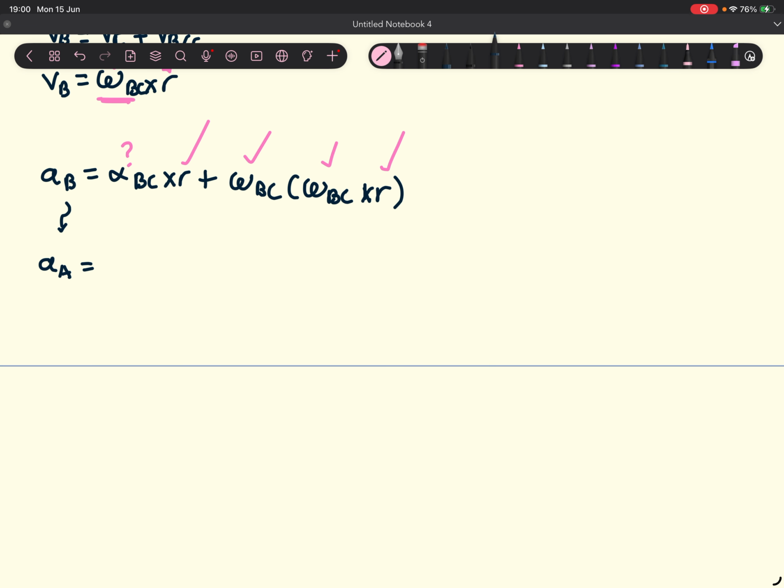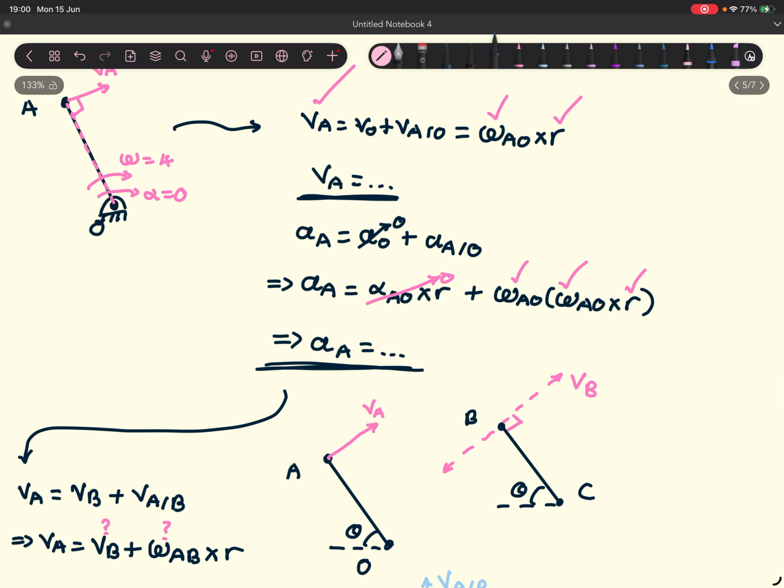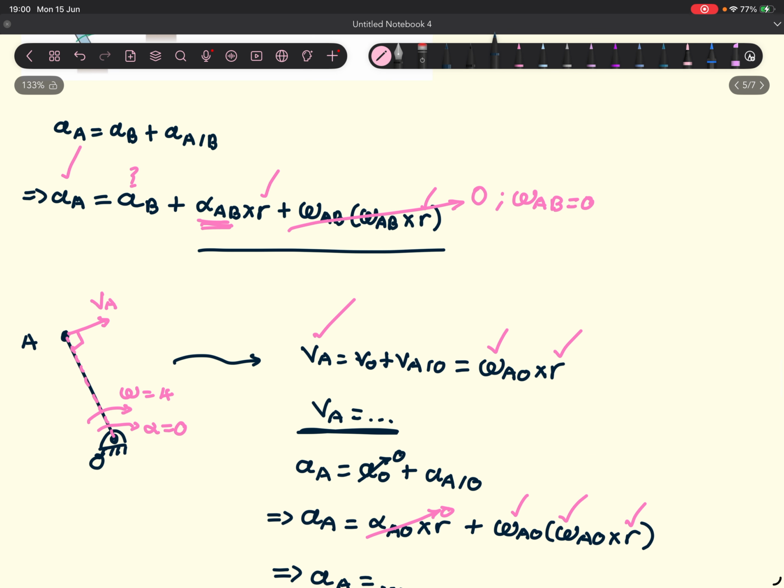which is equal to the acceleration of B, but we're just going to substitute all of this for that. So I'm going to get alpha BC crossed with R plus omega BC crossed with omega BC crossed with R, right? This represents the acceleration of B, then plus all of this stuff.